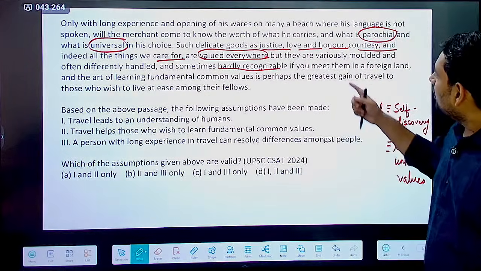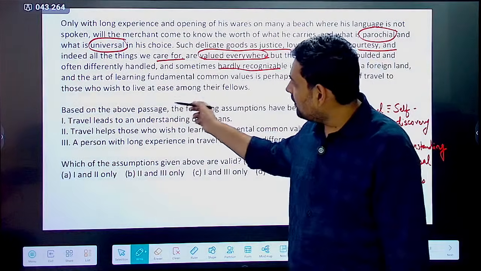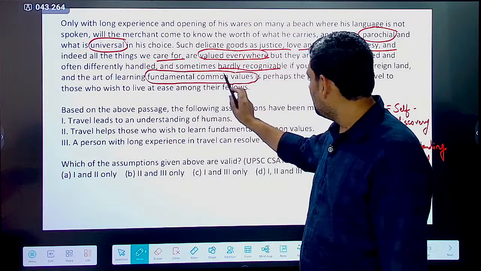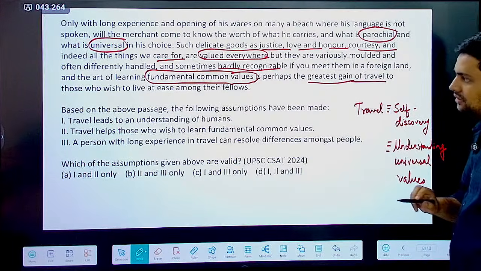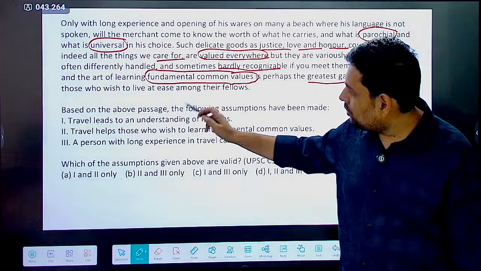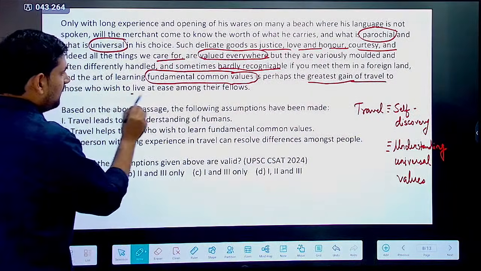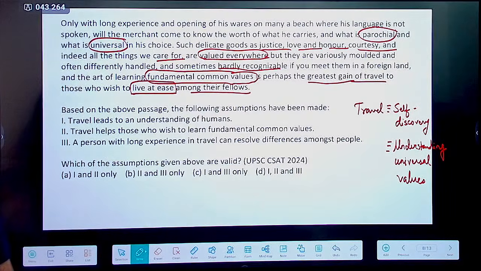Then, recognizable if you meet them in a foreign land. And the art of learning fundamental common values is perhaps the greatest gain of travel, to those who wish to live at ease among their fellows.